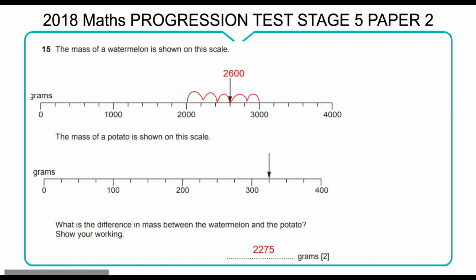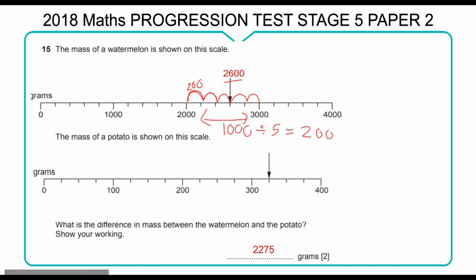So between 2000 and 3000, the interval is 1000, divided by 5 small steps is 200. So each step is 200. So 2000, going here 2200, 2400, and that's how we got 2600.